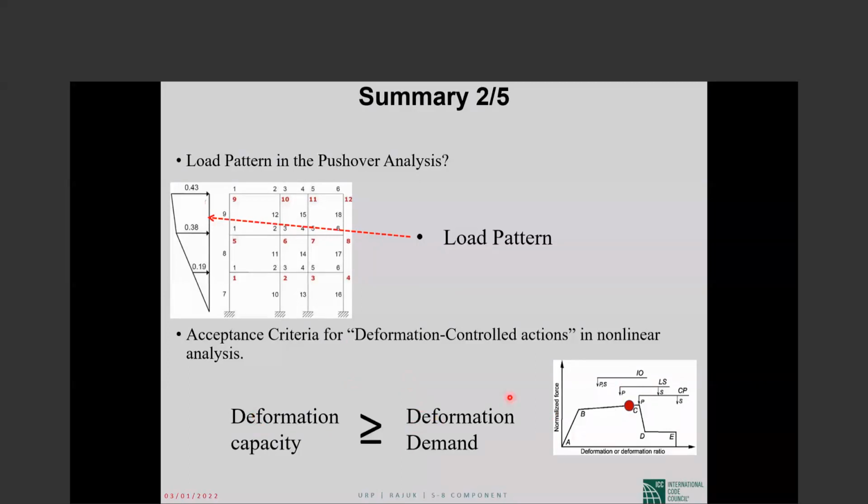Therefore, the deformation capacity for that performance level should be not less than the deformation demand.